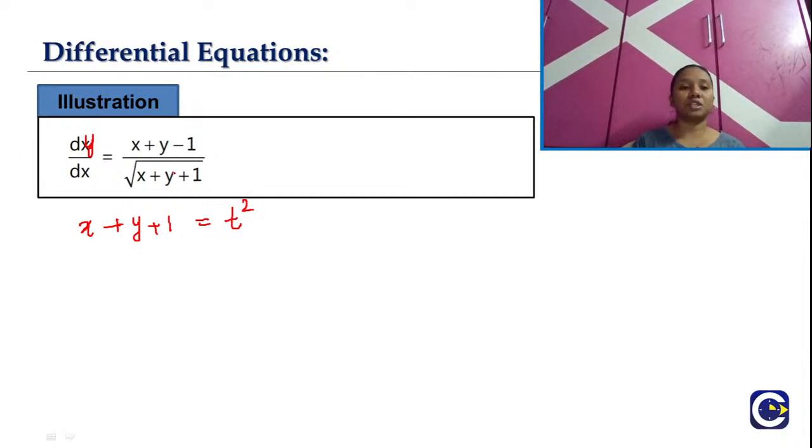If I substitute, my square root will be eliminated and I will get an expression without a root. So I have assumed x plus y plus 1 is equal to t square. This will be the starting step here. If you haven't started it, you can just have a look here.